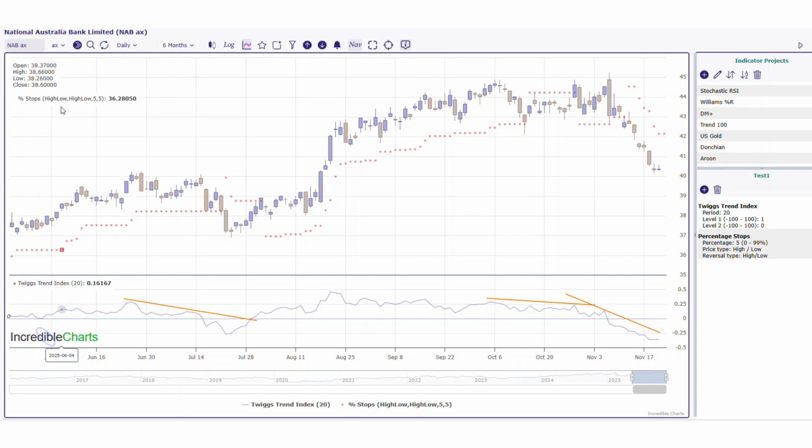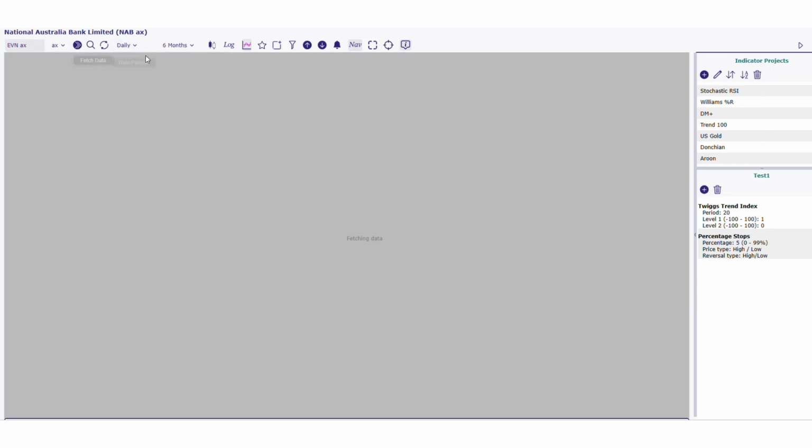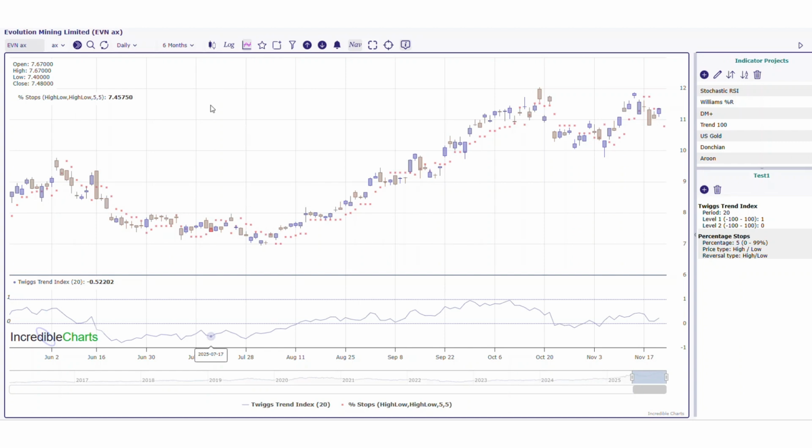Now let's just switch to another stock, EVN, Evolution Mining, gold miner, of course, which is a lot more volatile. And you see, if you had 5% stops here, you'd be frequently stopped out in the uptrend.